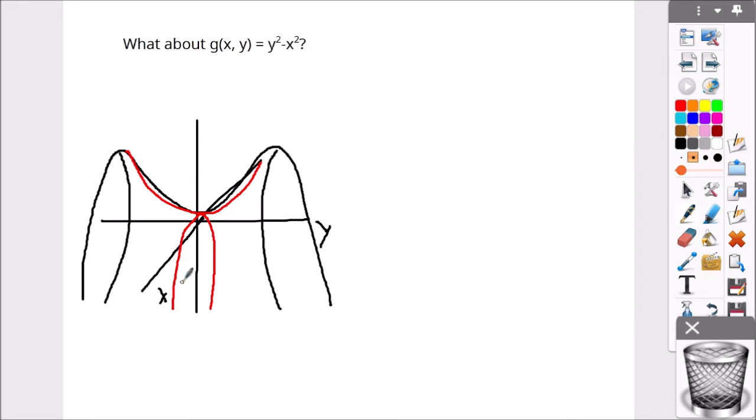But in this case, it's oriented like this. So our x slice is a downward facing parabola, so the slopes are decreasing. It's going from increasing to decreasing. And in this case, the y parabola is going upwards instead.